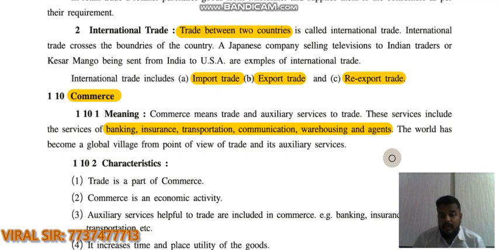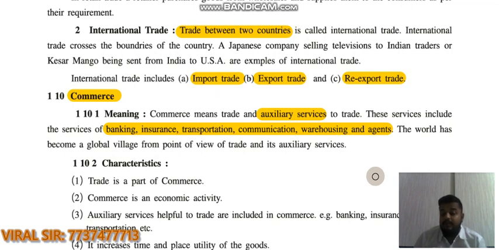So commerce is a wider term as compared to trade. Commerce means trade as well as auxiliary services, but here commerce means majorly auxiliary services. Now what are auxiliary services? Auxiliary services is an important term. It means those kinds of services which are helpful to the businesses, helpful to grow the businesses, helpful to run the businesses. So we can say those services without which present-day business cannot be run.